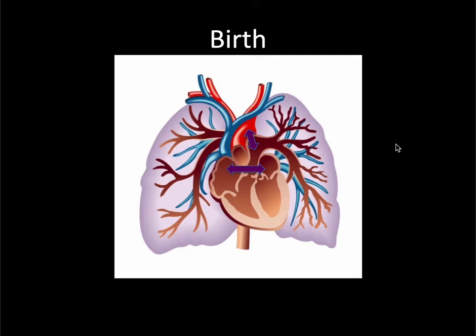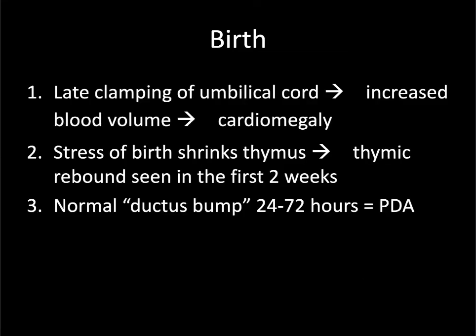Your foramen ovale and ductus arteriosus will still be open, so you'll have bidirectional flow still between the right and left sides of the system. So you will continue to see increased pulmonary vascularity shortly after birth. And you'll continue to see a mildly enlarged cardiac silhouette. So these things can affect what a chest x-ray can look like after birth.